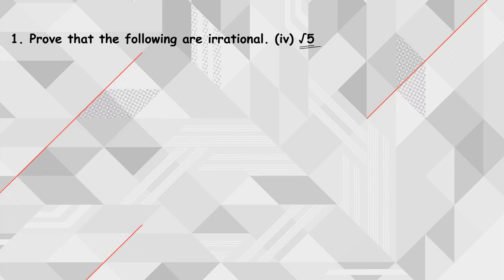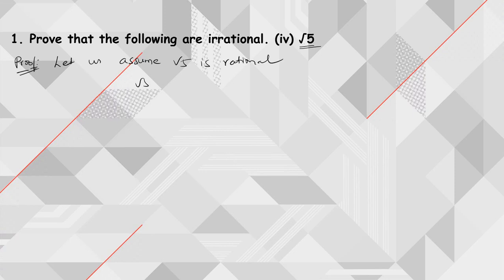So already we have done root 2 is irrational. Likewise we are going to prove root 5 is irrational. Once see this, whenever a number changes, how can you solve? For this, the same thing. Let us assume root 5 is a rational number.